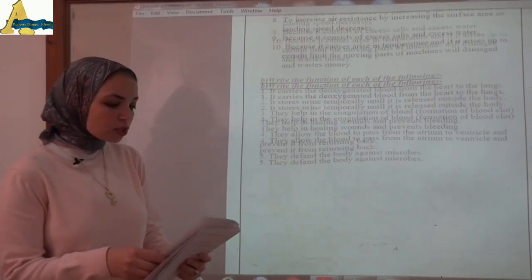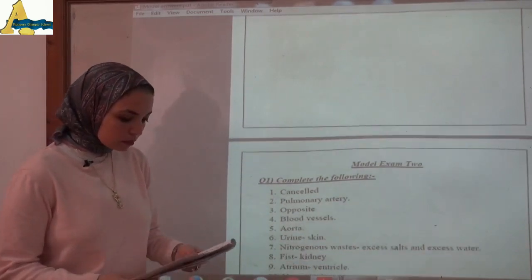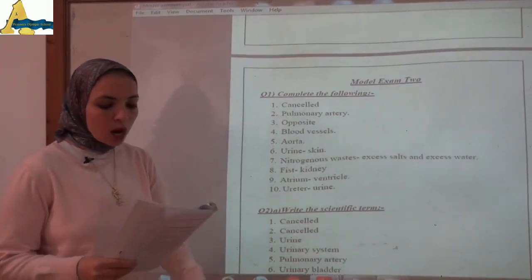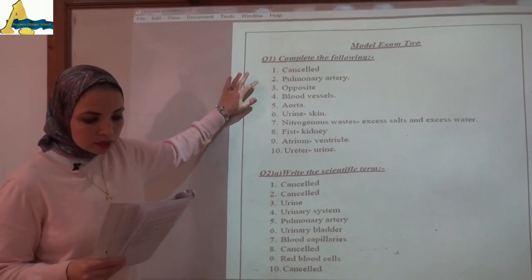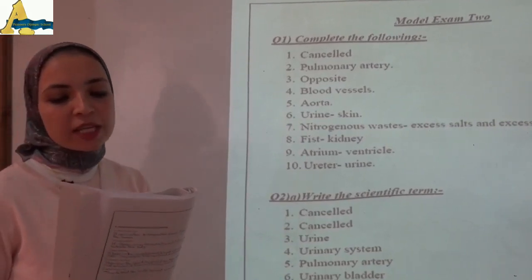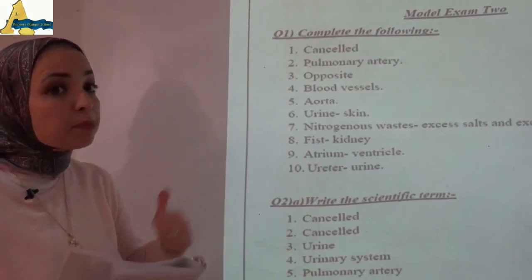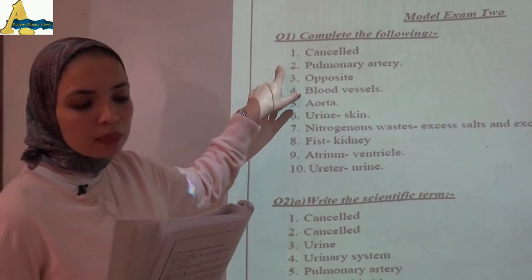Now, we'll start to answer model exam 2. Question 1, complete. All arteries carry blood rich in oxygen, except what? Except the pulmonary artery.